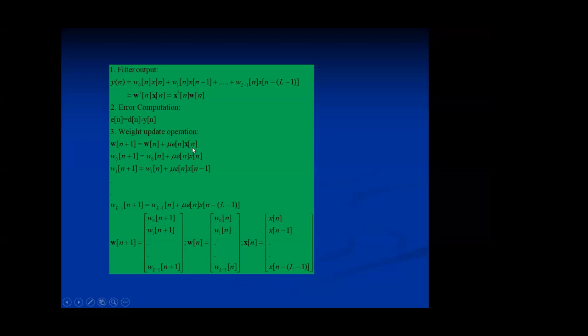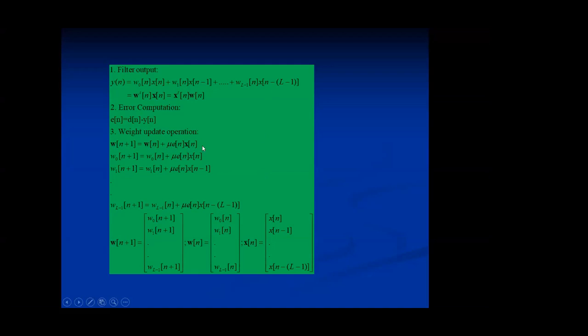In vector notation, I am representing the first expression: the new weight, w of n plus 1, is the old weight, w of n, plus mu times the error e of n into x of n, the input signal vector. If I vary the weight according to this relation, then the error is going to converge. After some iterations, the error becomes almost 0, so the filter will be trained. Once the filter is trained, we can apply the unknown signal.